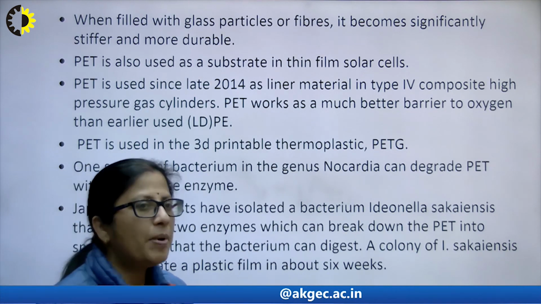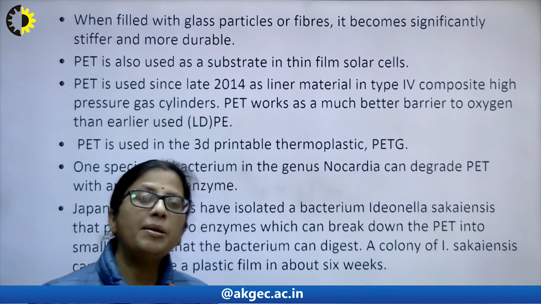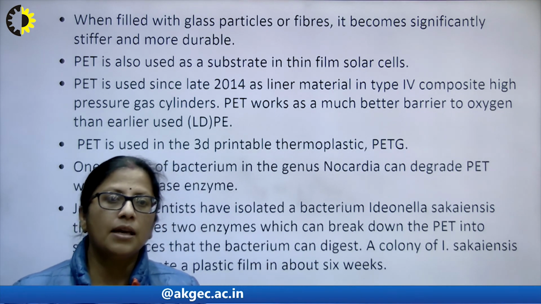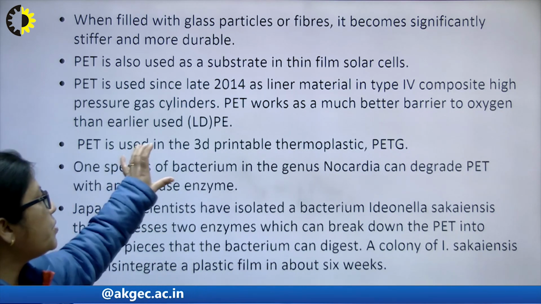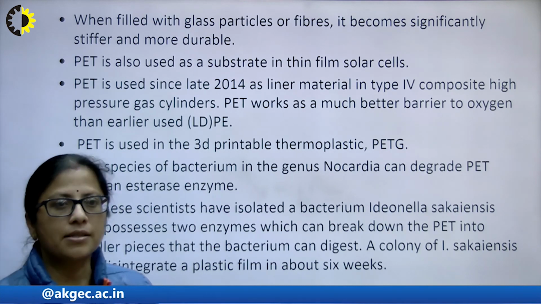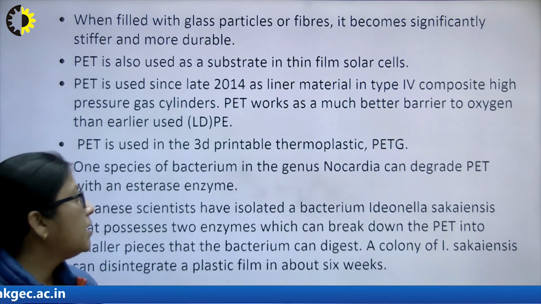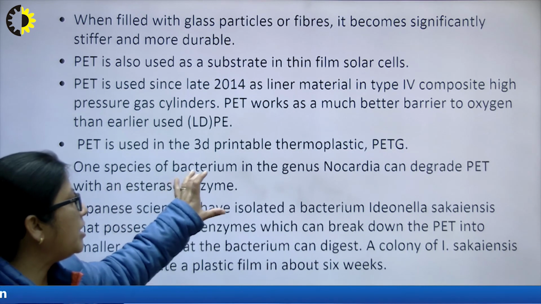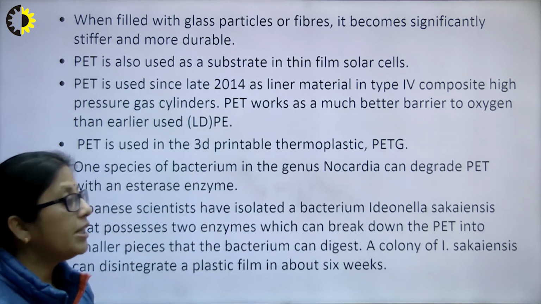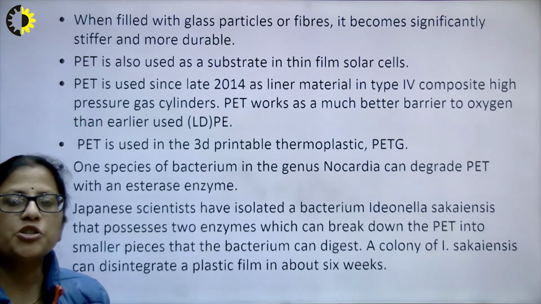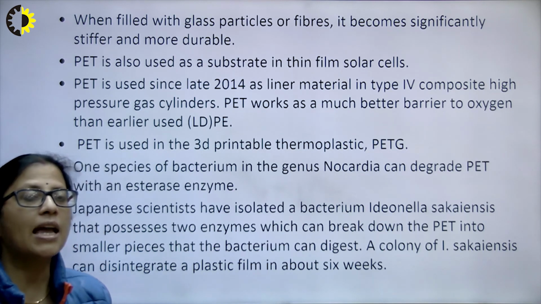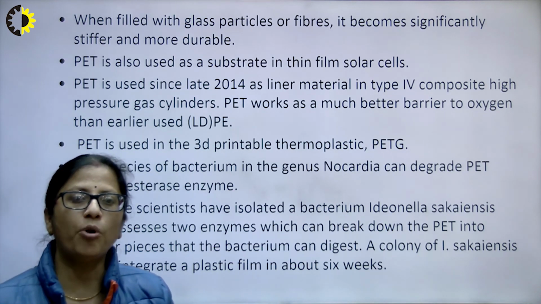Now, this PET is also used in thin film solar cells, and PET is also used in 3D printable thermoplastics. And one species of the bacterium in the genus Nocardia can degrade this PET with an esterase enzyme. That means it can biodegrade PET molecules.